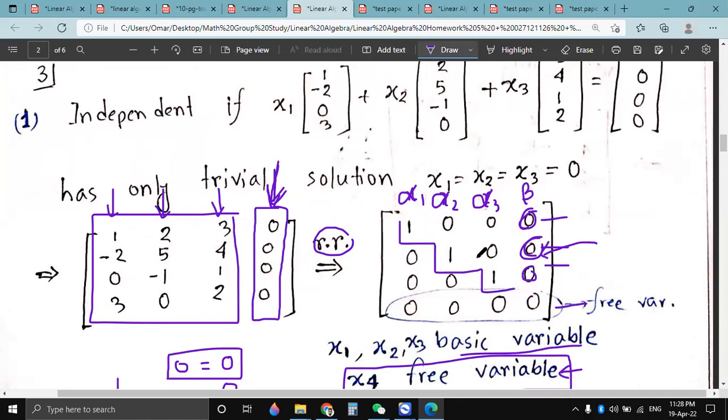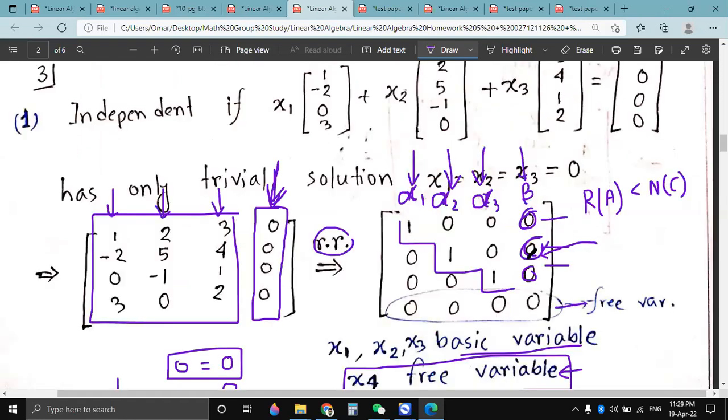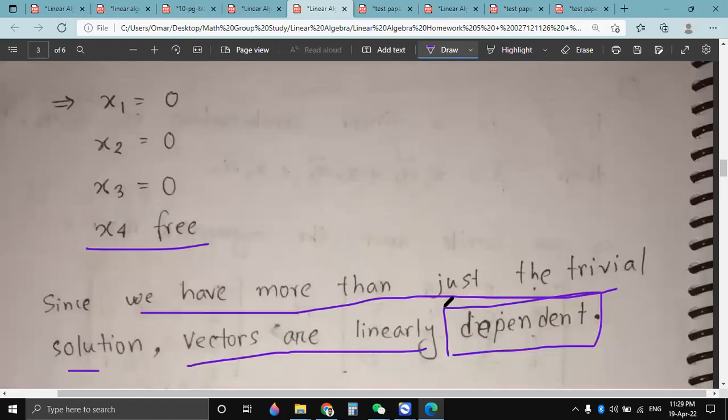And the number of columns is 1, 2, 3, and 4. So you can see that the rank of this matrix is lower than the number of columns, right? So that's why we can say this linear system is dependent. Okay, this linear system is dependent.